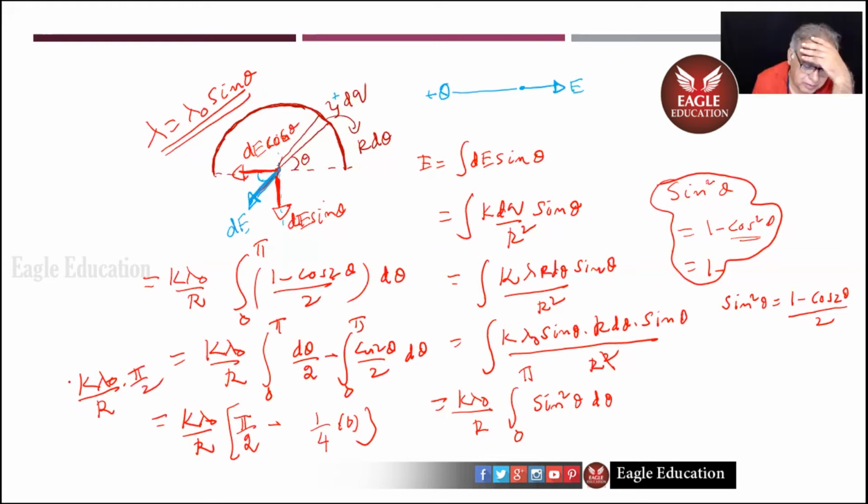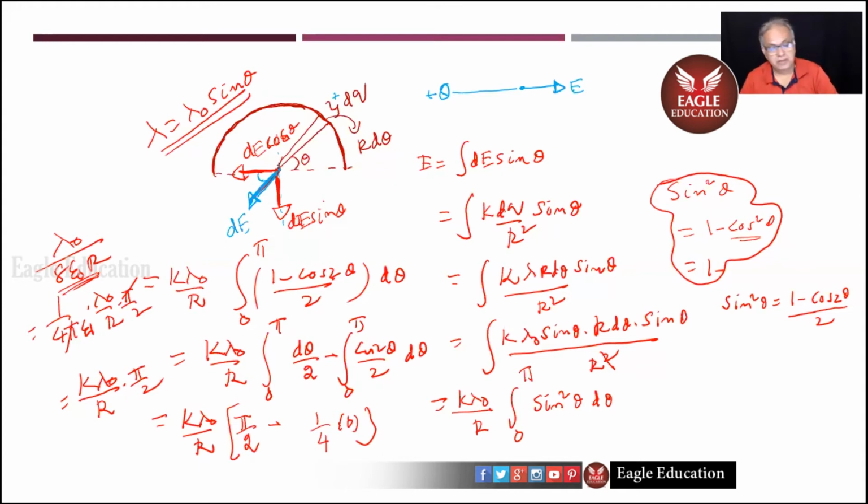So if I write k equals 1 by 4 pi epsilon 0, check that carefully.